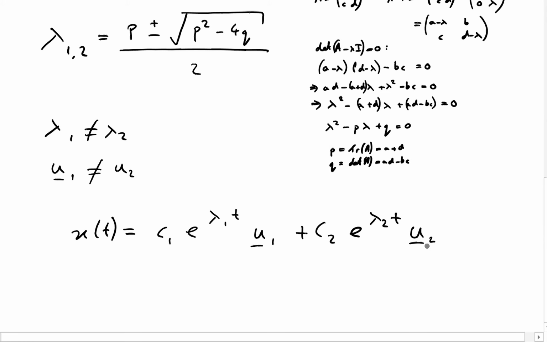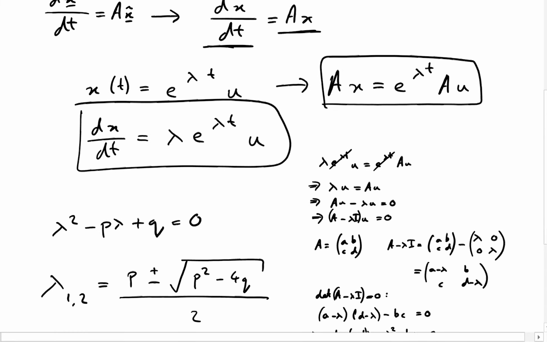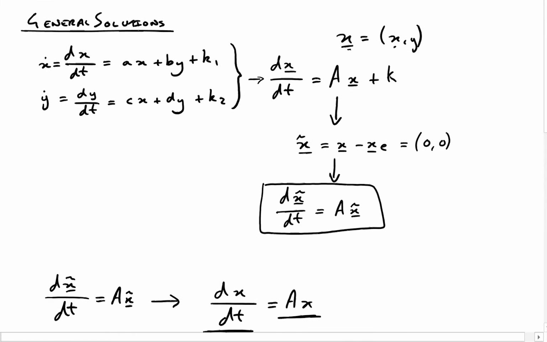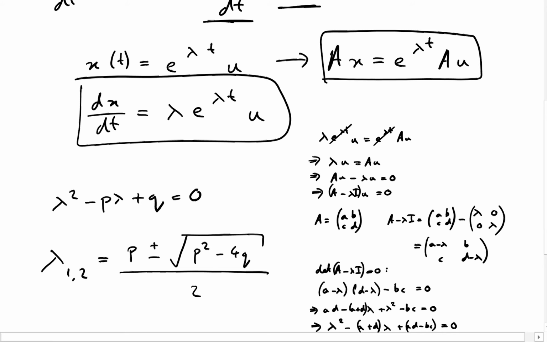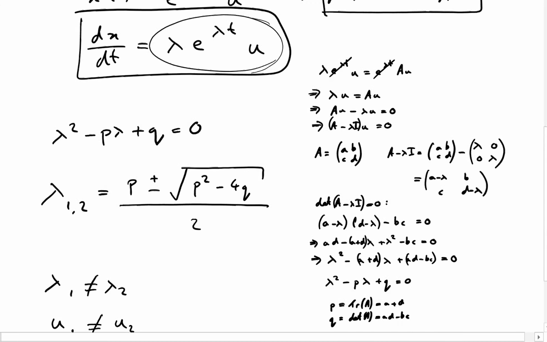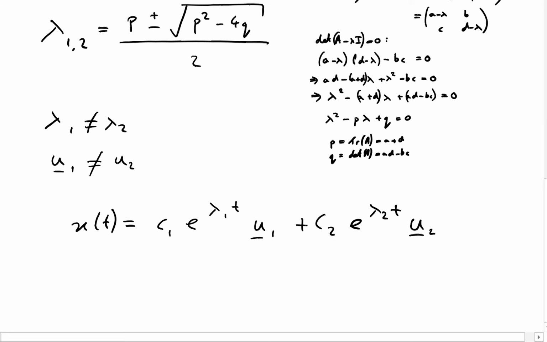Basically, I know that my solution of this thing here is going to look something like this. And I've just shown, just by doing linear maths, that I can rewrite my solution.